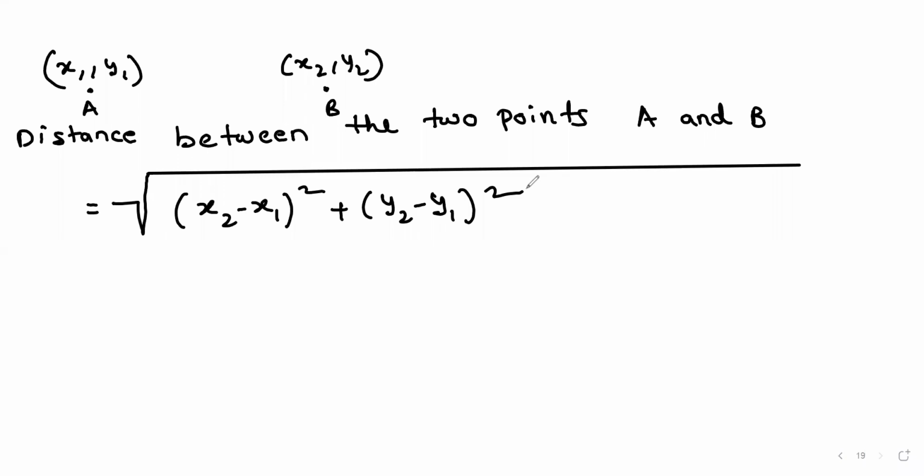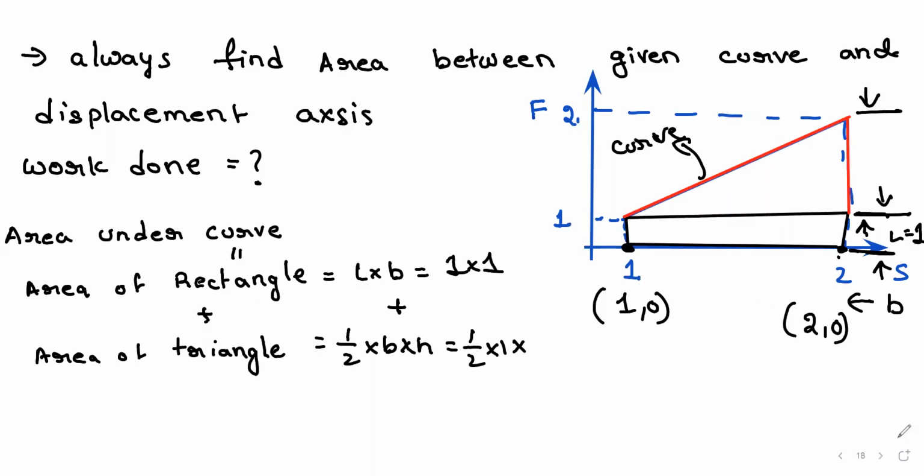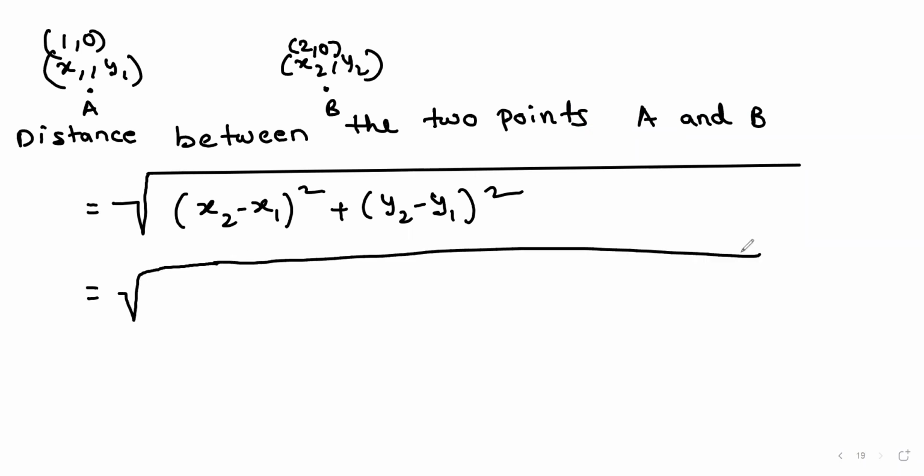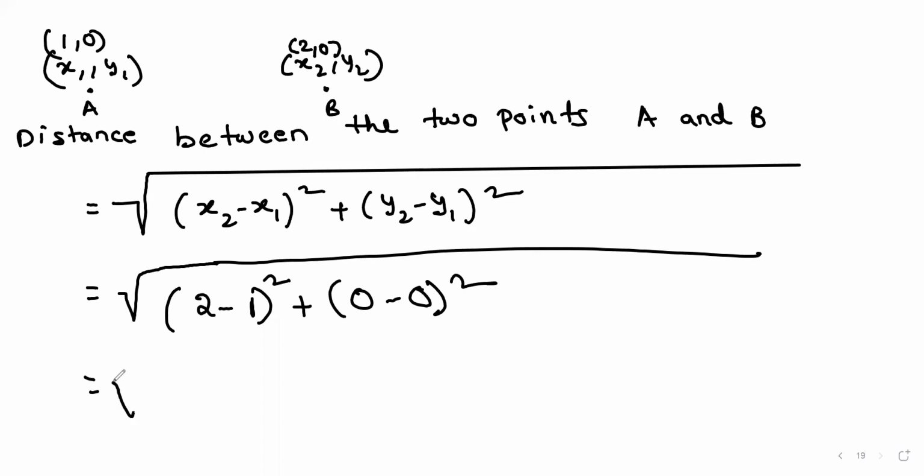So what are the 2 points we have? This is 1, 0 and this is 2, 0. What is x2? 2. x1? 1. What is y2? 0. y1? 0. Wonderful. So what is 2 minus 1? 1.